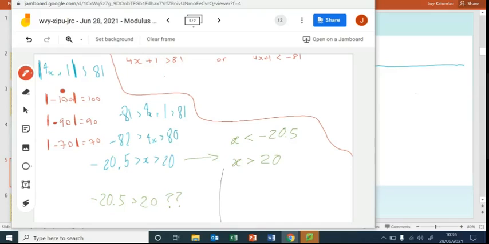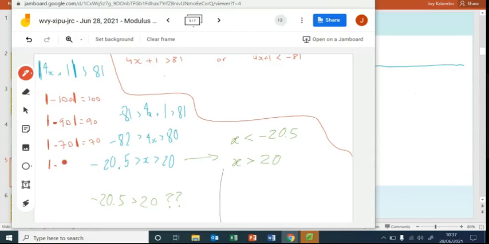I'm confused. We wouldn't put minus 70 in the working, surely. What part is the answer? The minus 20.5. Okay, this is me replacing the whole of 4x plus 1 with minus 100. So we know that minus 70 doesn't work.